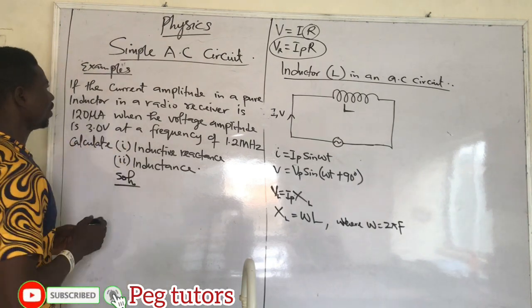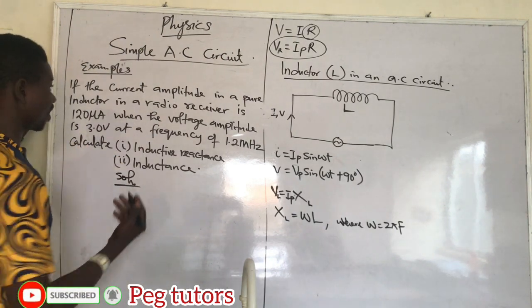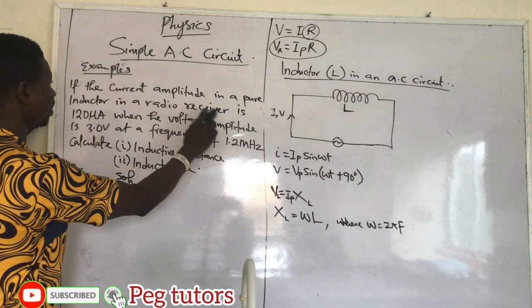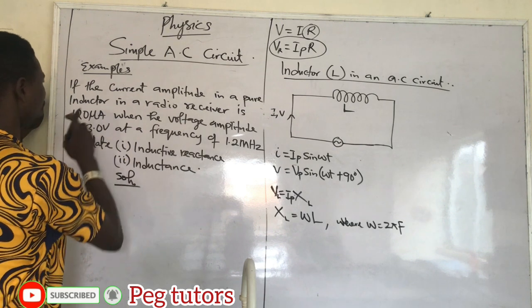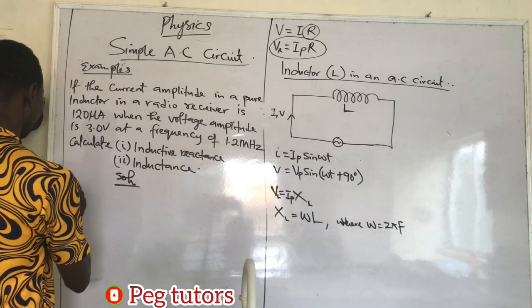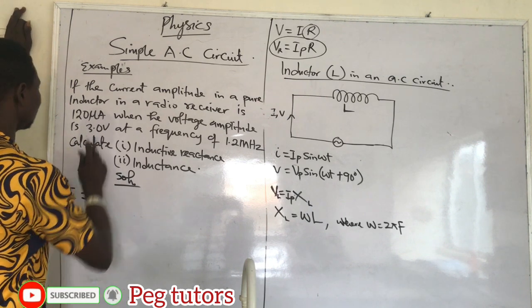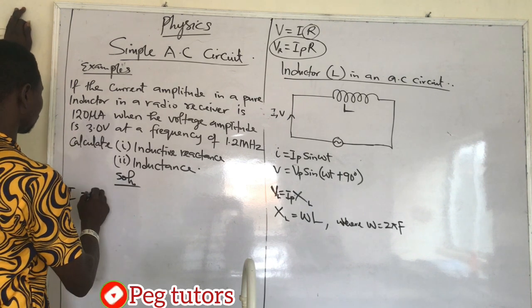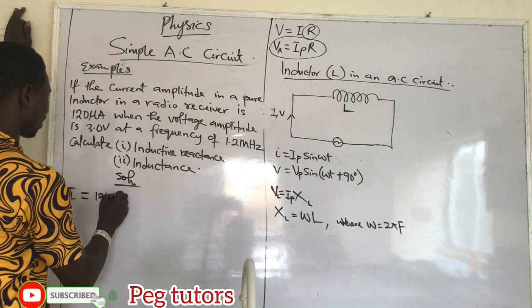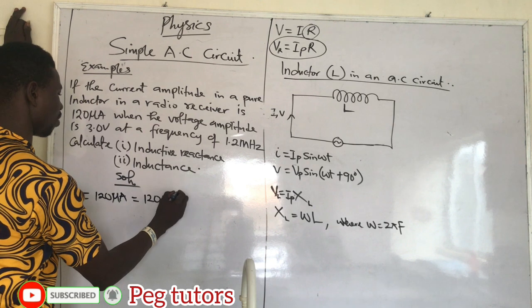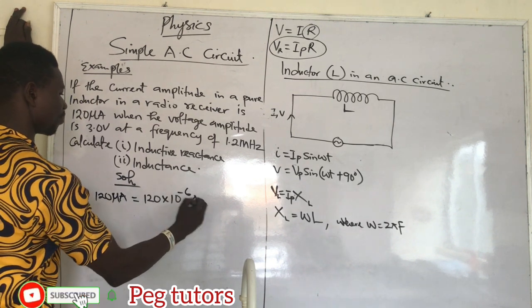First of all, you have to bring out the parameters that are given to you so you can know the way forward. The parameters given are: the current, 120 microampere, which is the same thing as 120 times 10 raised to power minus 6 amp.